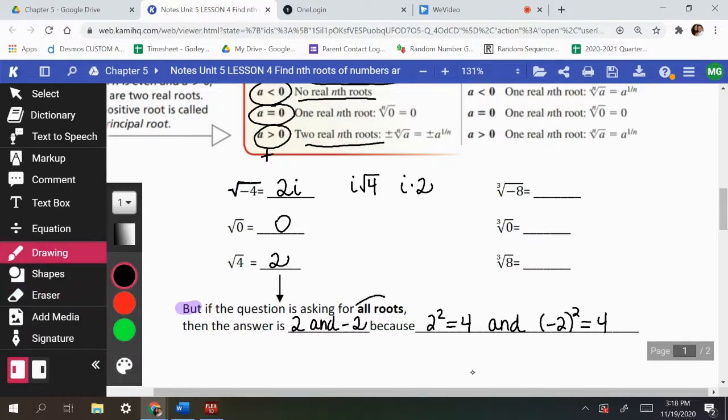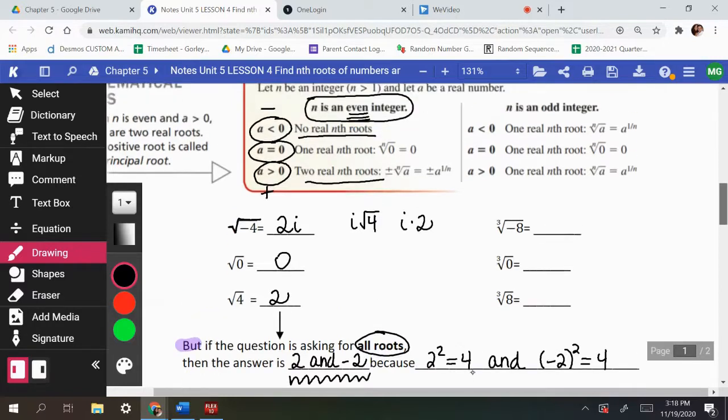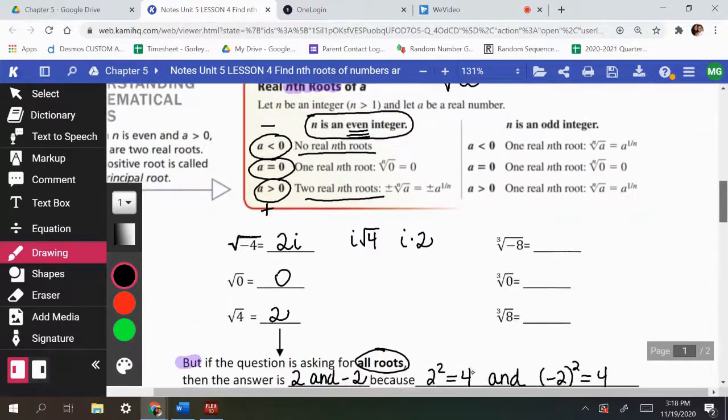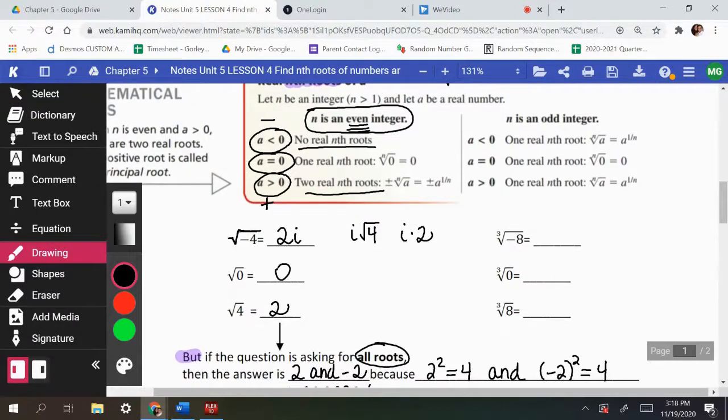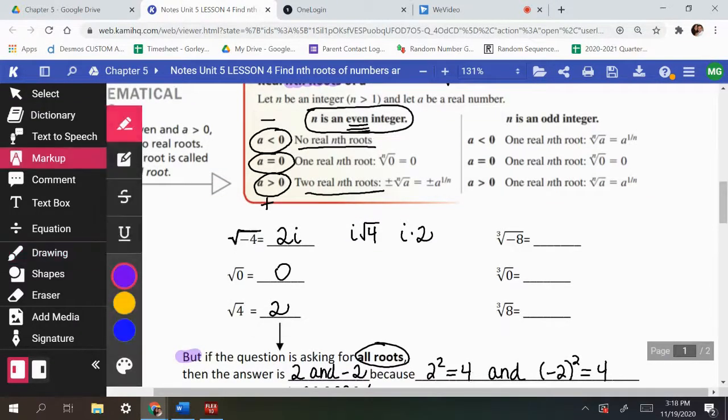But if it's asking for all roots, then you're going to have to look to see if you need to write more than one. Okay, the only time you're going to ever have to write more than one root is if n is an even integer and a is bigger than 0. Then that's going to be when you are going to have 2 of those real nth roots.